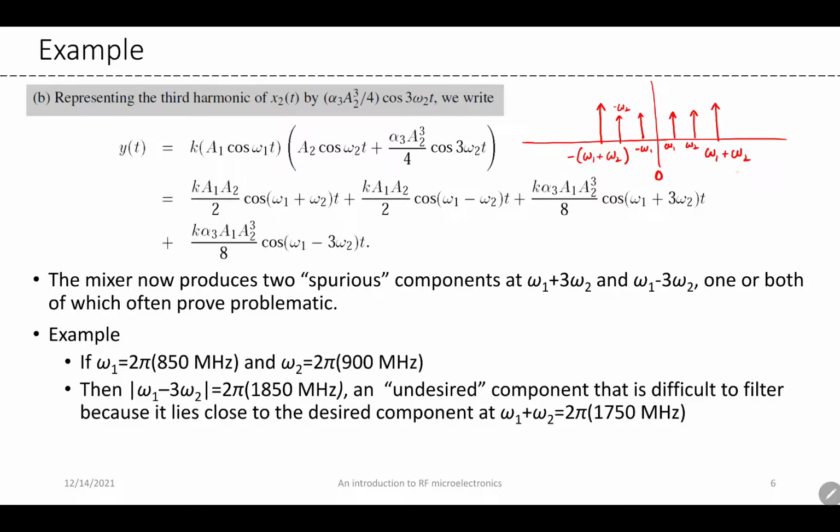This is minus omega 1, this is minus omega 2. Now if you look at omega 1 minus 3 omega 2, this is omega 1, and you have to subtract 3 omega 2's from it. So this is omega 1, this is 1 omega 2, so you have to go back 3 omega 2's.